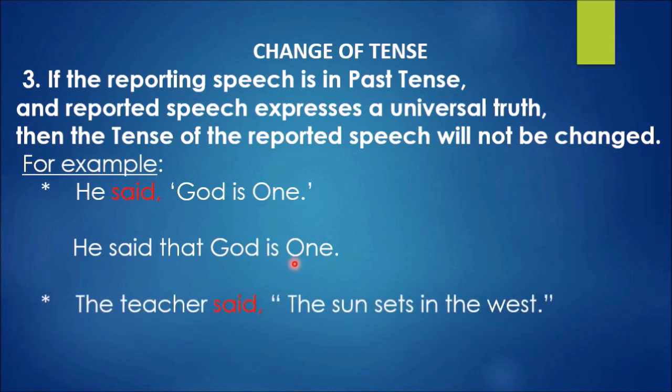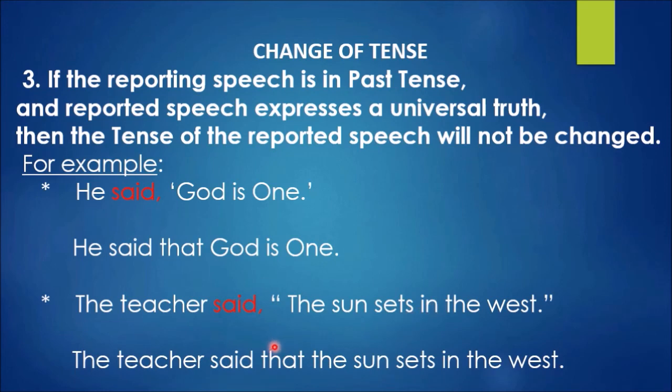Look at another example, of a similar kind. The teacher said, "The sun sets in the west." There is past tense in the reporting speech and there is universal truth in the reported speech. The teacher said that the sun sets in the west. Look at the steps.